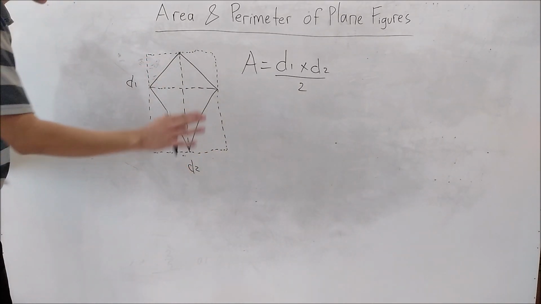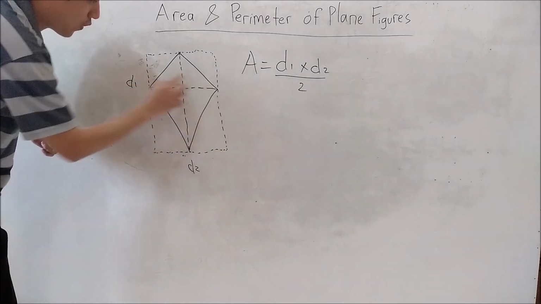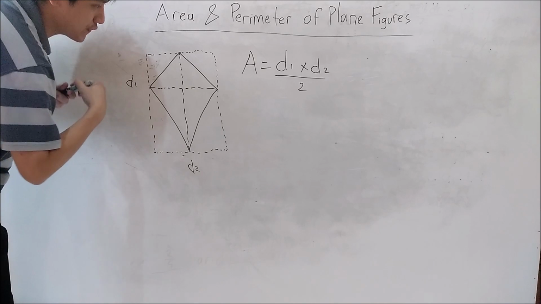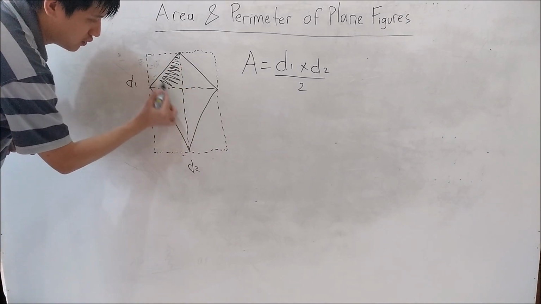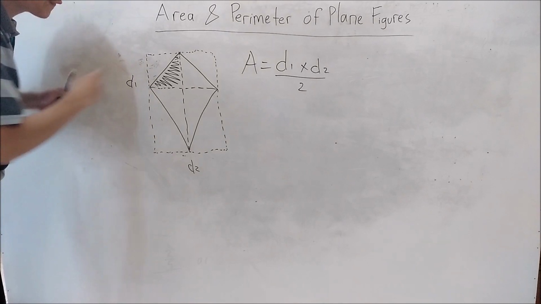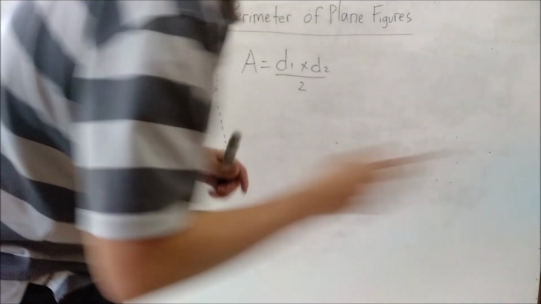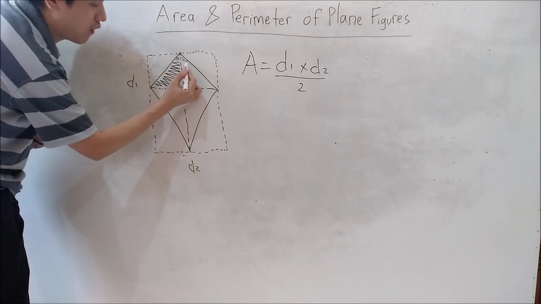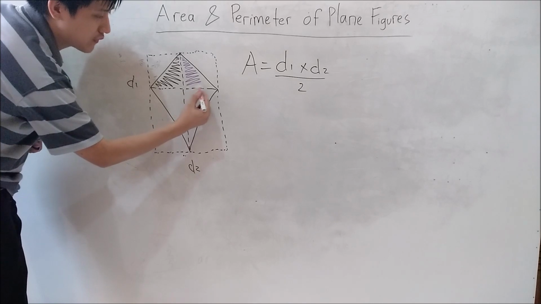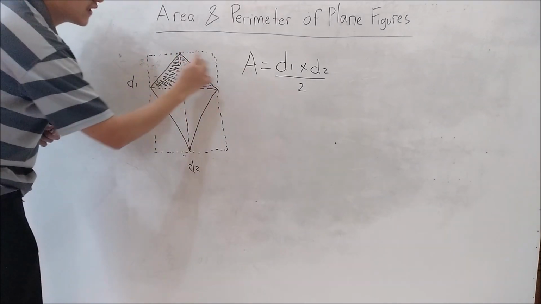However, the kite is actually only half of it, right? Look, when I cut it in 4, this part of the kite is actually half of this small square. Let me get another color so that it's easy for you to see. This part of the kite is actually half of this small square.